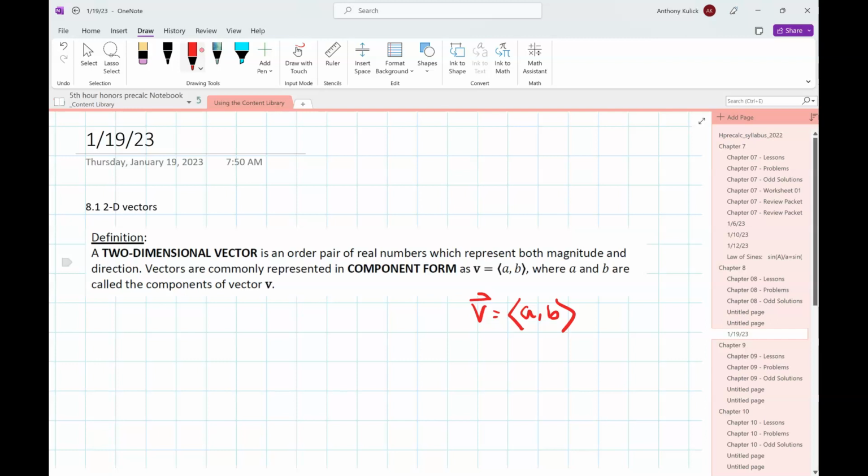It's not an interval from one number to another number. It's a vector. And we call these quantities a and b the components of that vector. Typically we'll name these components the same way we would an ordered pair. So we have an x component and a y component, where a is the x component and b is the y component, right?